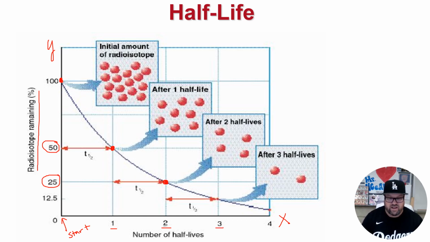If we go to half-life 3 and we go across, what's half of 25? 12.5. So you see, the pattern is we keep dividing our previous amount of sample by 2. And this can go on forever, right? You keep getting smaller and smaller amounts of your original sample by dividing by 2, okay? And this is a nice graph for the concept of half-life.